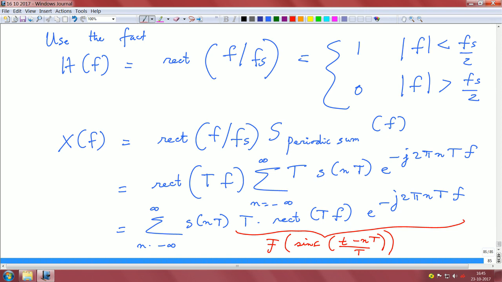Okay, and now I think you can almost see how the result is correct, right.